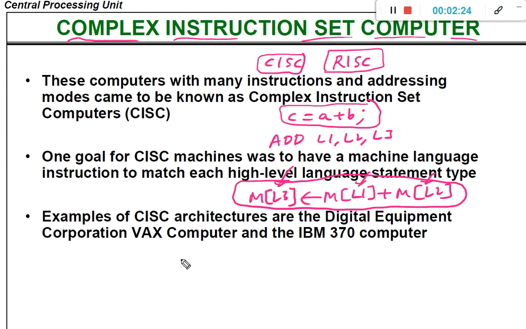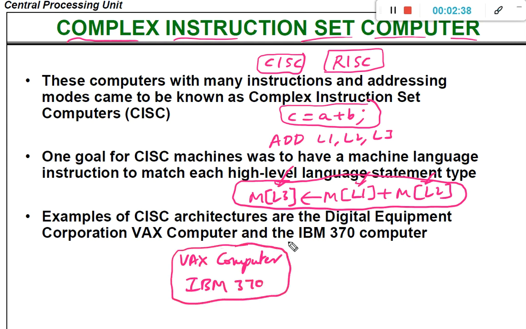They are Digital Equipment Corporation's VAX computer and IBM 370 computer. These two are the examples of computers that implement the CISC architecture.